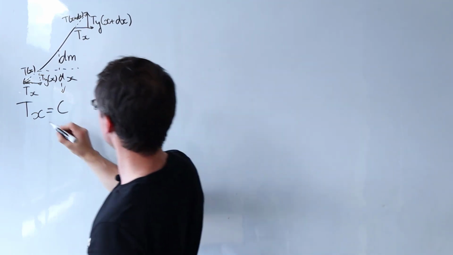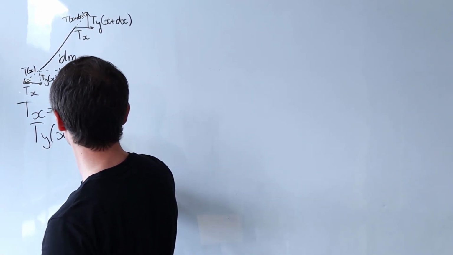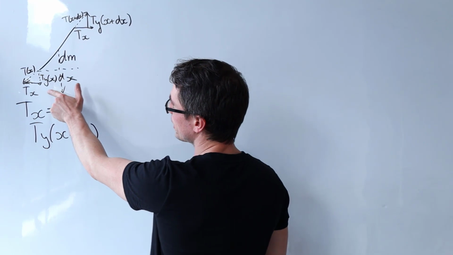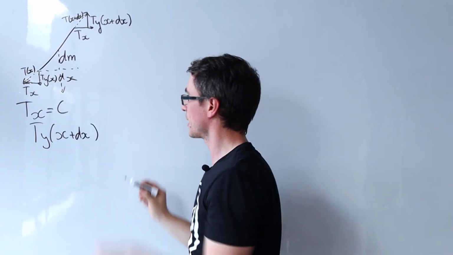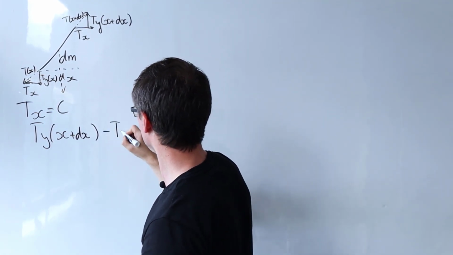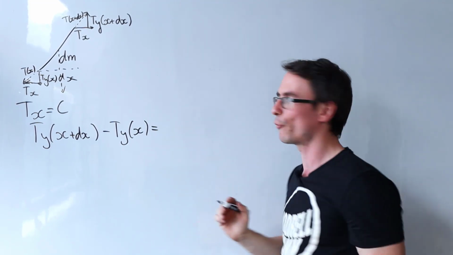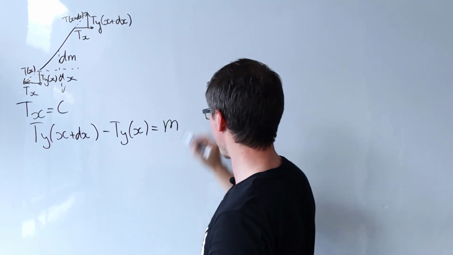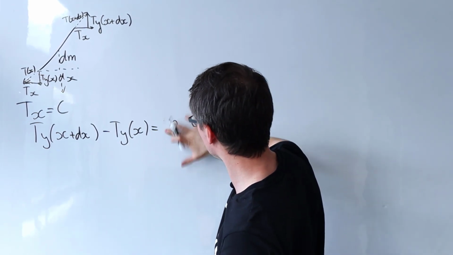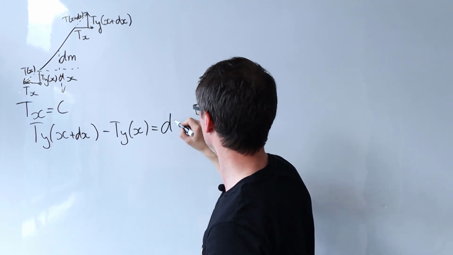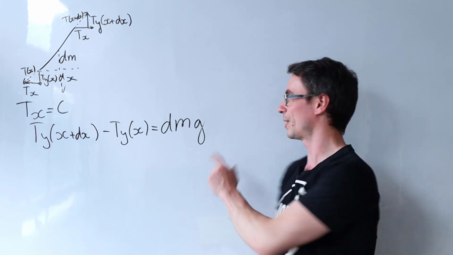So we can say that Ty at x plus dx, and let's take away the other component, Ty at x, because it's acting downwards, this better be equal to the force of the weight, which is just mg, and our mass in this case is not going to be m because we're dealing with a small mass. This will be dm multiplied by the gravitational acceleration g.